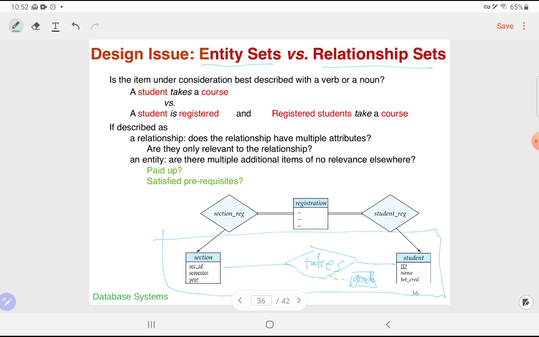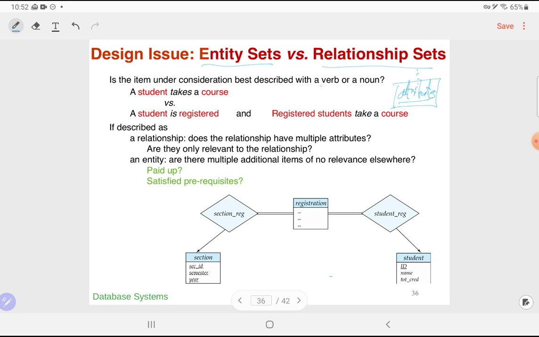So that was the original setup, and the proposal is to, instead of having that, replace it with a separate registration entity. Now, that aspect of relationship sets having descriptive attributes is in general a useful idea to keep in mind when deciding which to use.